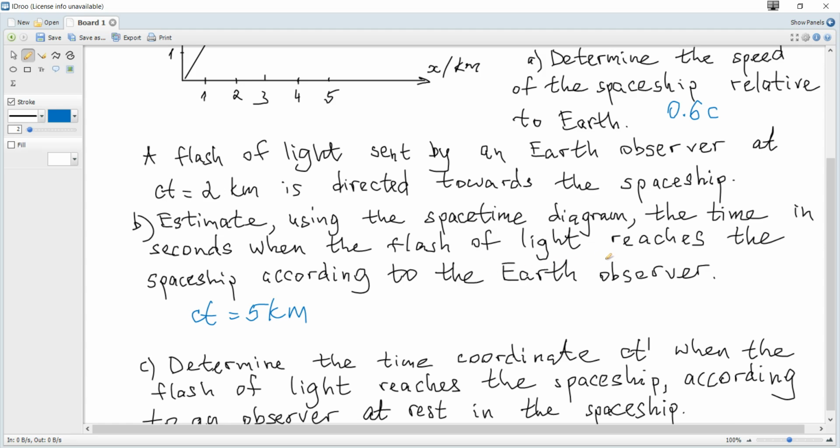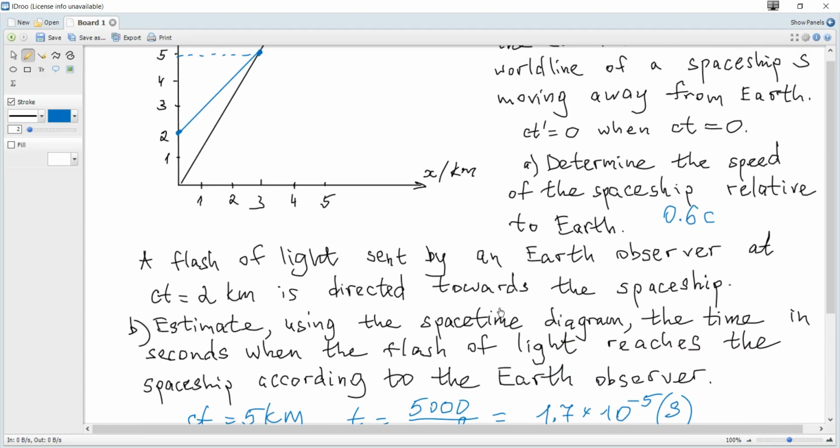We need it in seconds, so 5 kilometers, which is 5 times 10 to the power of 3 meters, divided by the speed of light, 3 times 10 to the power of 8, and we get approximately 1.7 times 10 to negative 5 seconds.